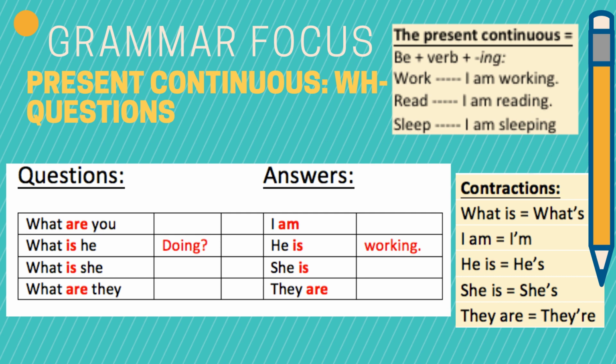The same goes for the answers. You see the verbs am, is, and are. I am. He is. She is. And they are. I know that sounds like a lot of information, but I think when we practice in this next activity, it will make more sense to you.